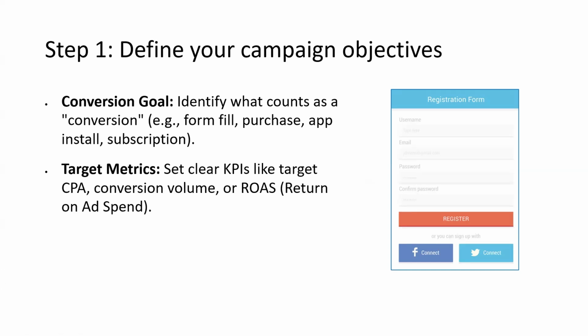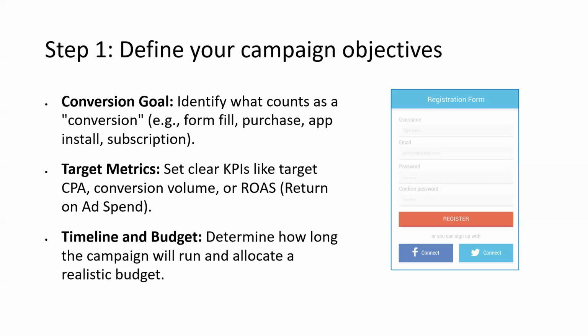And we need to set very clear-cut KPIs or key performance indicators, like target cost per acquisition, which is target CPA in the shorter form, then conversion volume or ROAS, or return on ad spend, as some of the metrics that we want to measure.